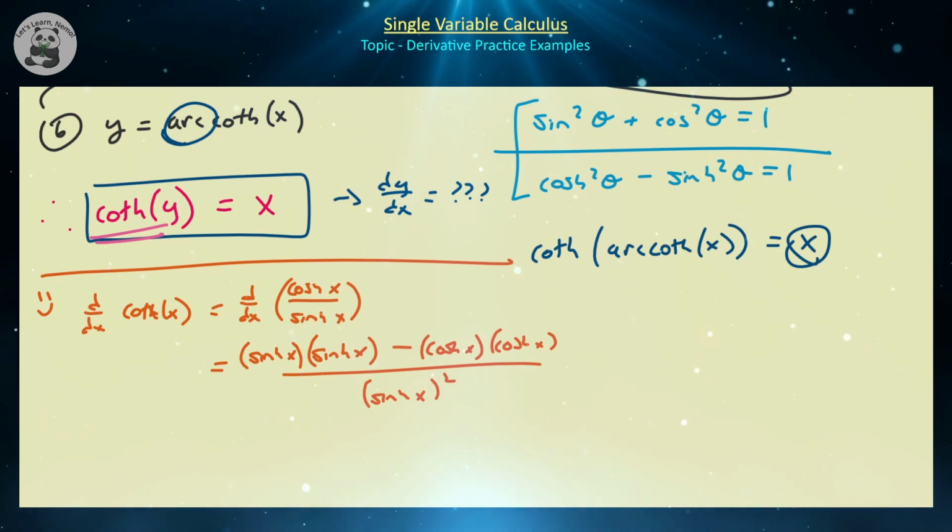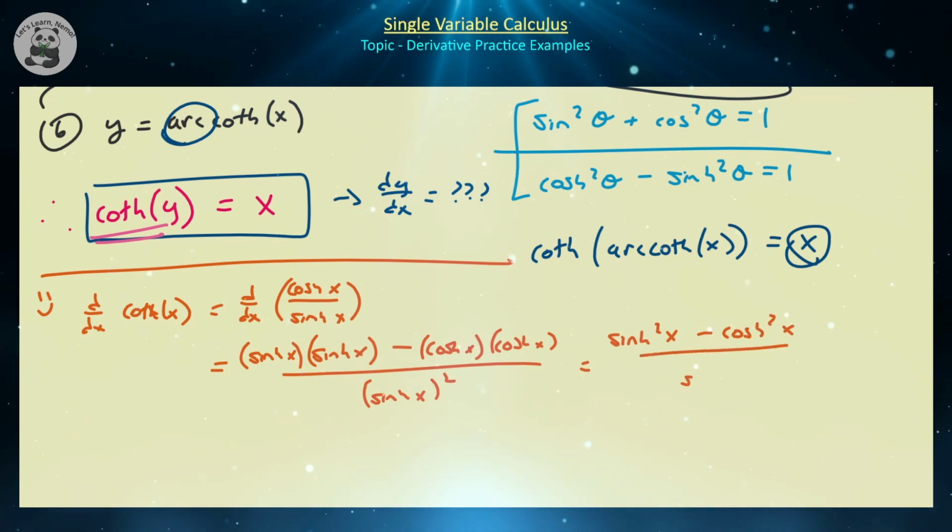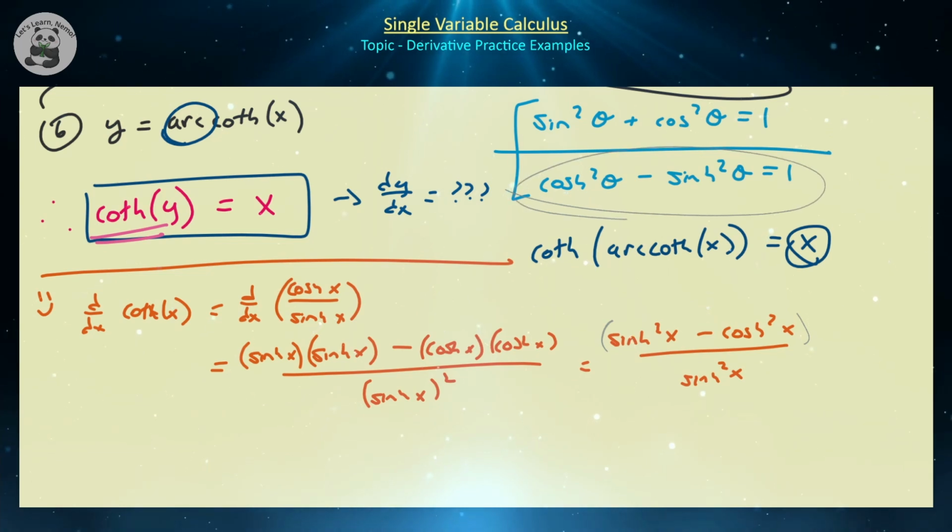So we have hyperbolic sine squared x minus hyperbolic cosine squared x, all divided by hyperbolic sine squared x. Notice that the numerator is sinh squared minus cosh squared, which is the reversal of cosh squared minus sinh squared. Therefore, the top of this expression is going to be equal to minus 1.